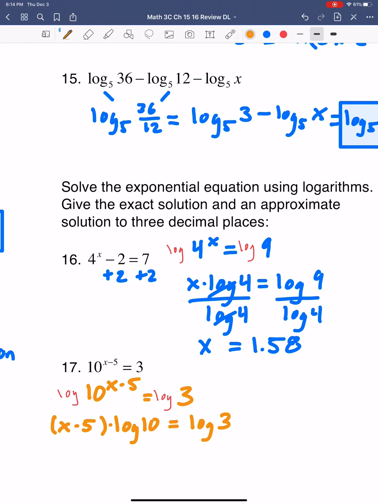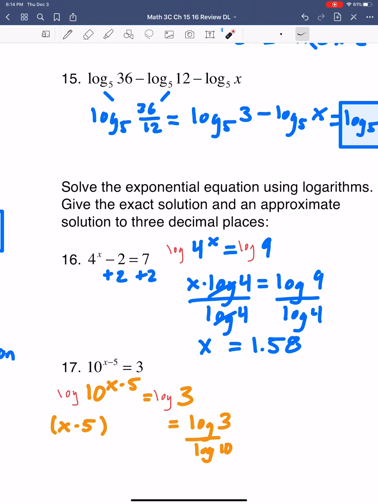I'm going to go ahead and divide both sides by log 10. Okay, and so those log 10s are going to cancel out on the right side here. All right, and so then I have log 3 divided by log 10, but notice I don't have x by itself, right?